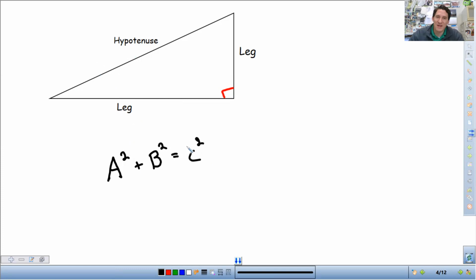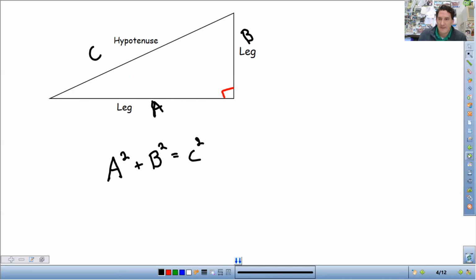What you need to remember is the hypotenuse is always C. The legs then would be A and B. These are interchangeable. This leg could be A, this leg could be B. It doesn't matter. What matters though is that C is the hypotenuse. It's always the longest side of the triangle. And so where this comes from is you square these two sides, add them together, and it's going to be equal to the square of this one.